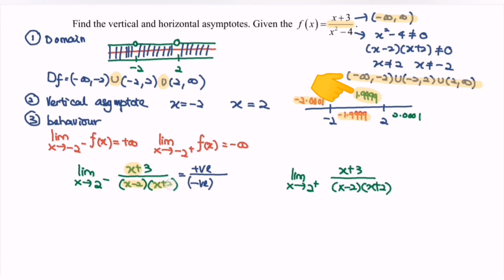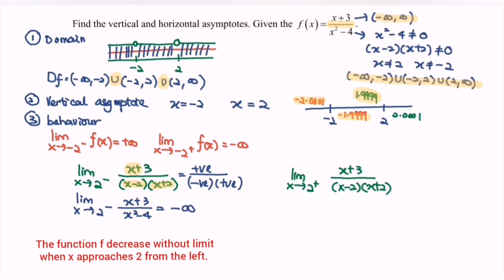For this part, I'm sure we will have a positive value. So the limit when x approaches 2 from the left for the function (x + 3)/(x² − 4) will be negative infinity, meaning that the function f decreases without limit when x approaches 2 from the left.